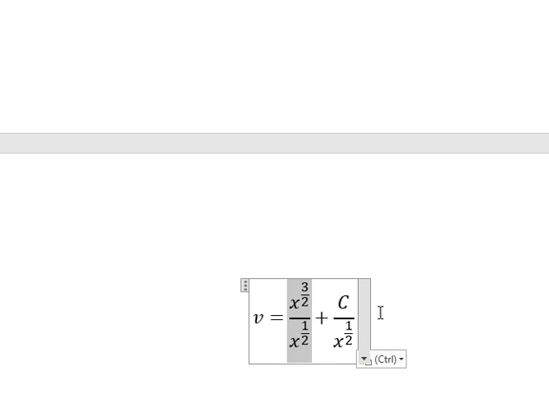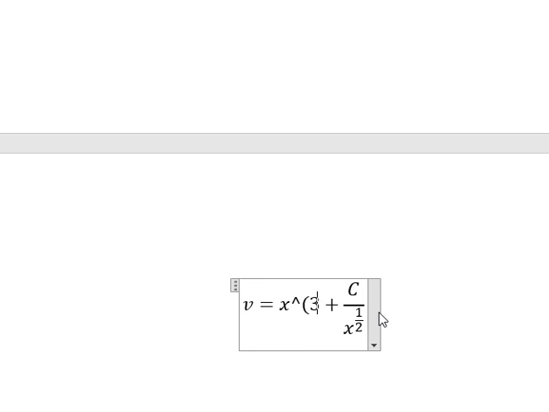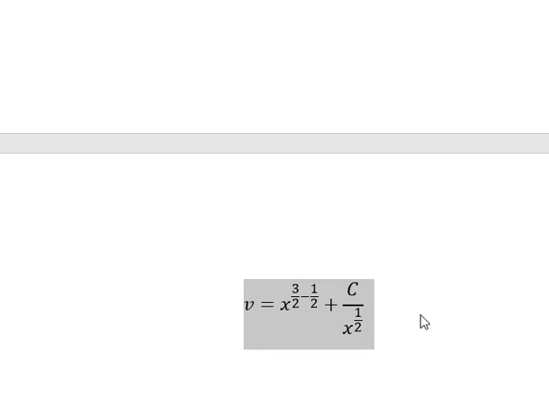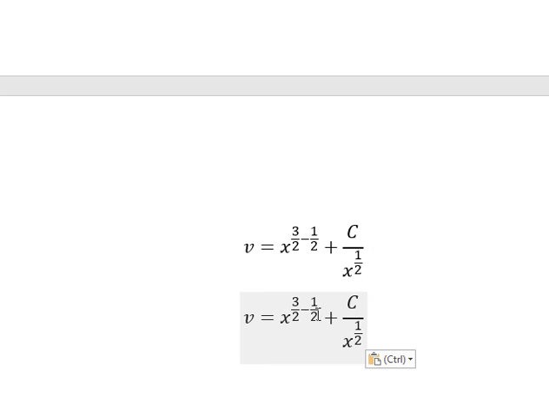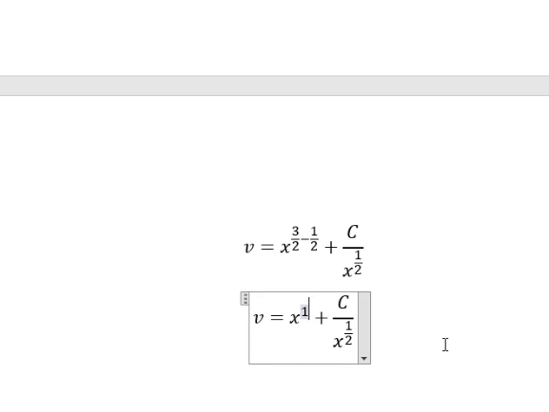This one you get s to the power of 3 over 2 minus 1 over 2. And this one you will get the number 1. And that's s.